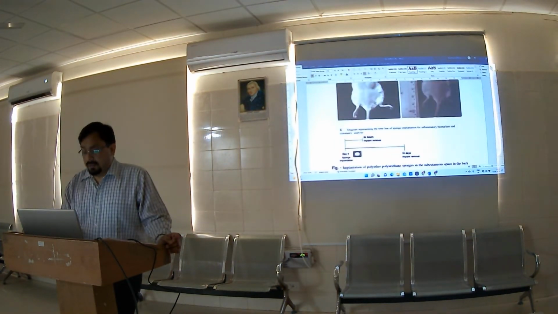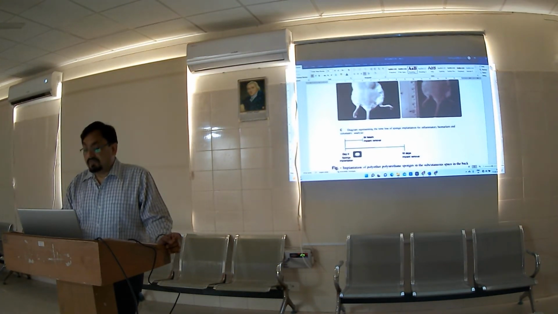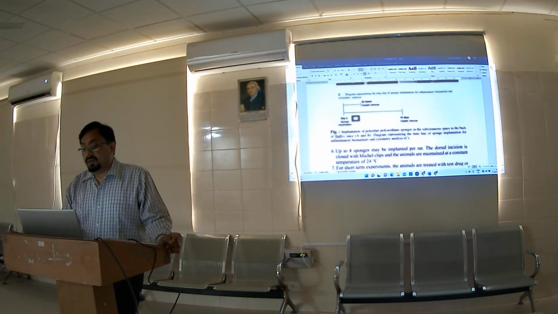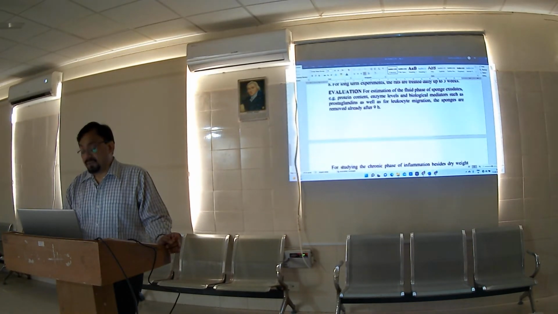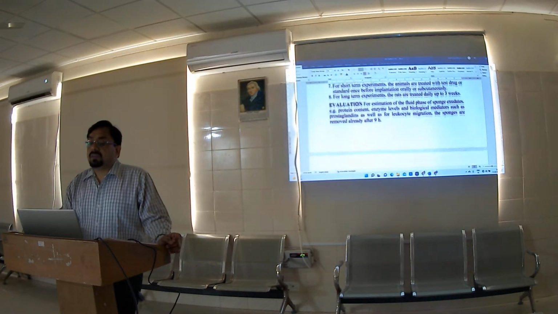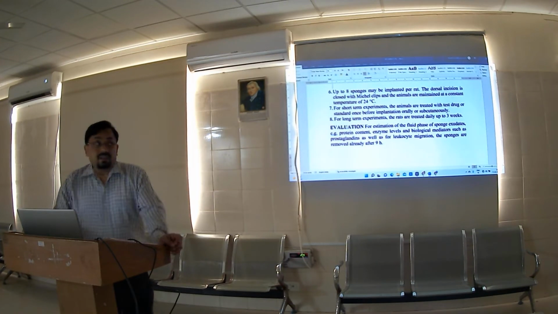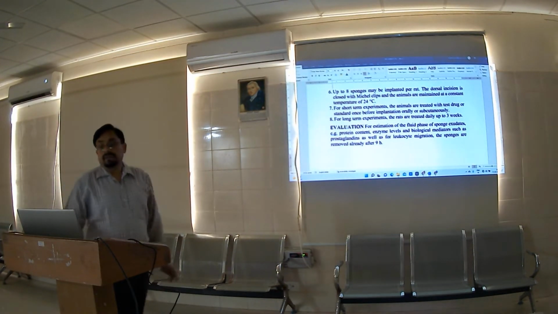So here you can see the process; up to 8 sponges can be implanted per rat, depending upon the design.